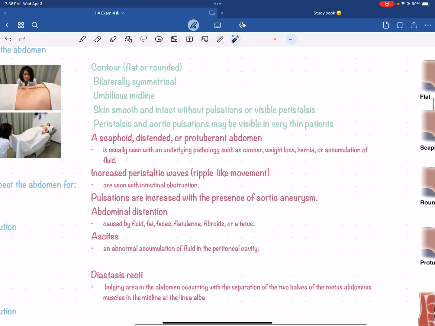A distended or protuberant abdomen is usually seen with an underlying pathology such as cancer, weight loss, hernia, or accumulation of fluid.